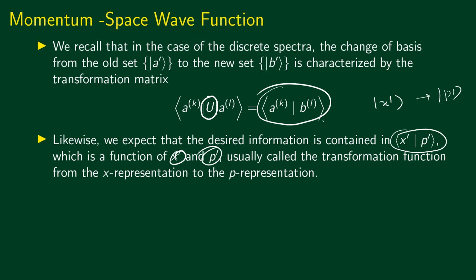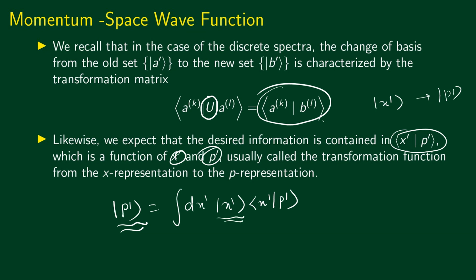Now there's another way to look at it. If I take a momentum eigenket, I can expand it in terms of the position eigenkets. So I can write this as integral dx prime ket x prime bra x prime ket p prime. What I have done here is that I have taken this momentum eigenket and I have expanded it in the position basis.